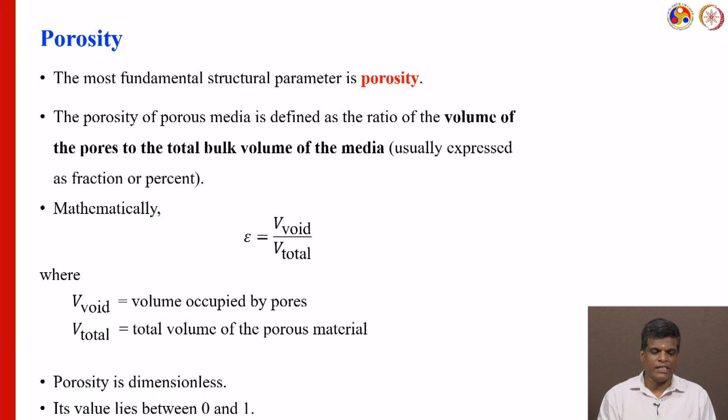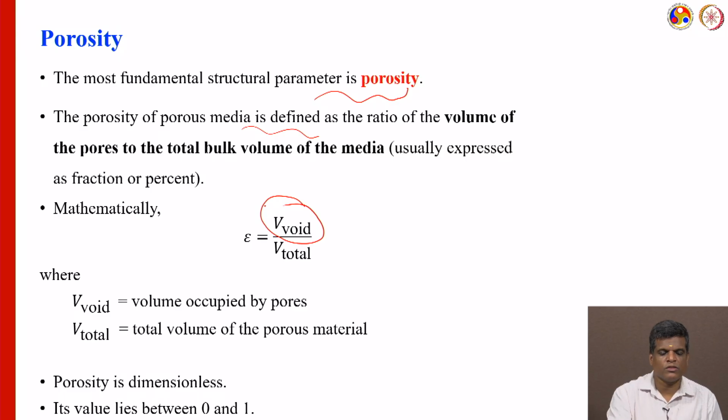So, what is porosity? Porosity is normally denoted by epsilon. It is defined as one of the most fundamental structural parameters: the ratio of the volume of the pores divided by the total bulk volume of the media.